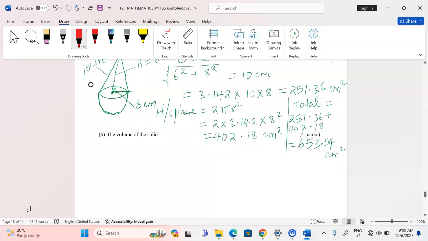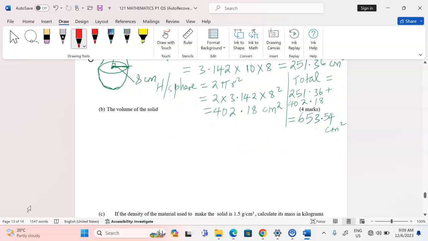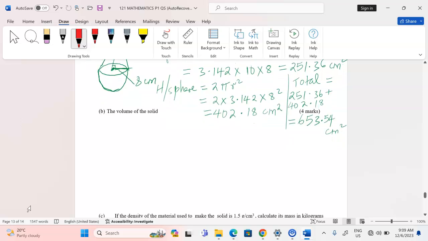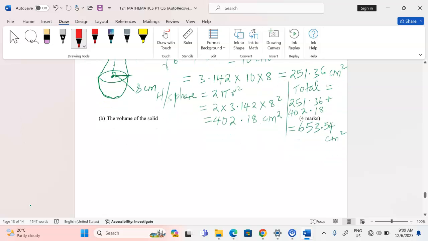We have a question on volume. The volume of the solid. We are also going to do the two volumes. For the cone, volume will be given by a third pi r squared h. This is going to be a third pi r squared times h, which is 6.